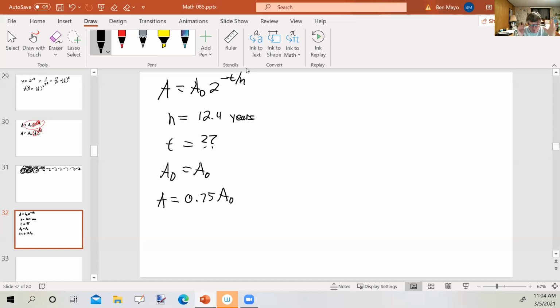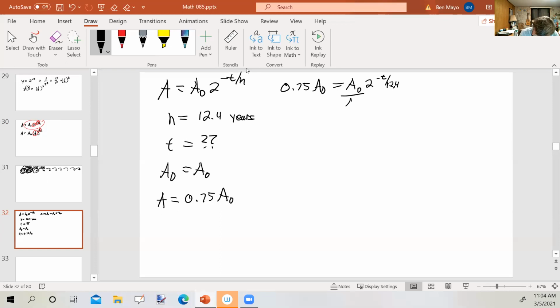What's left? All right, so now let's put that information into the formula. We're going to replace A with 0.75 A sub 0. On the right side, we're going to get A sub 0 times 2 to the negative T over 12.4 years. Now I need to solve for T, which is part of the exponent on the 2.